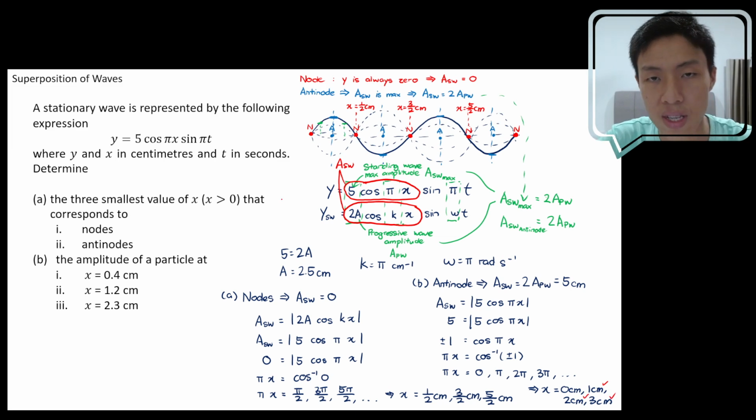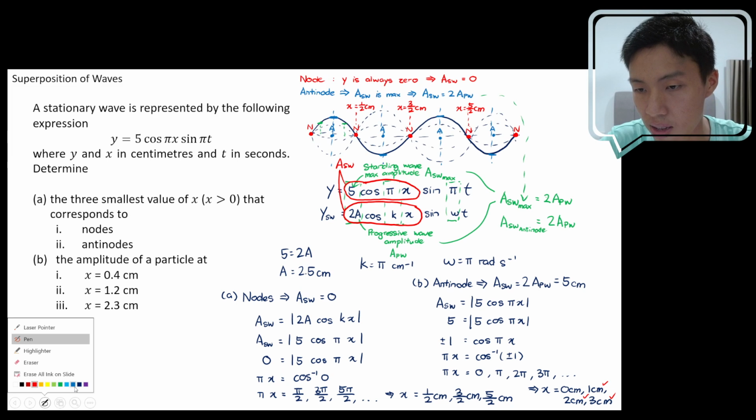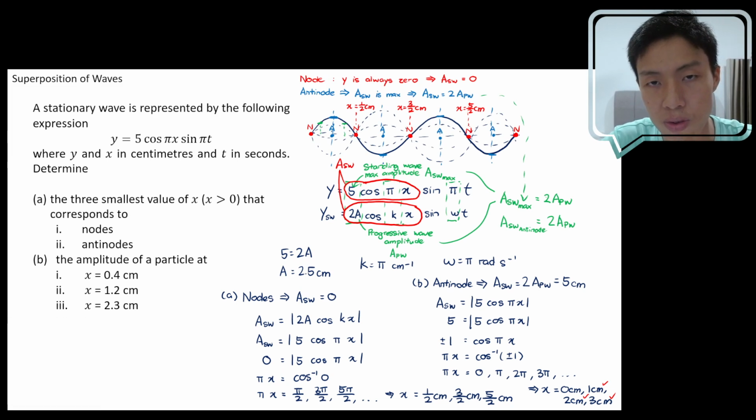Okay, so what it means here is that if you go find where the antinodes are, the first one will be at 0 cm, the second one will be at 1 cm. The next one will be at x equals 2 cm. The next one here will be x equals 3 cm. So this is where you find your antinode. Okay, so I hope we are clear.